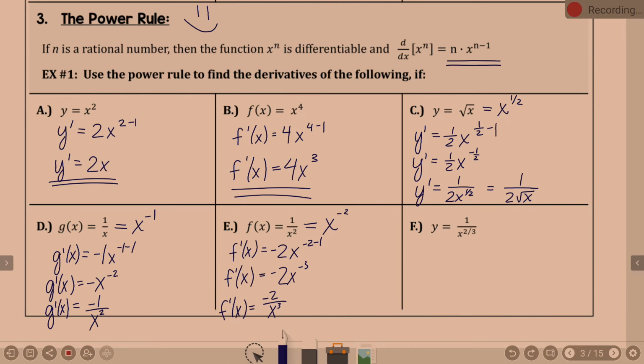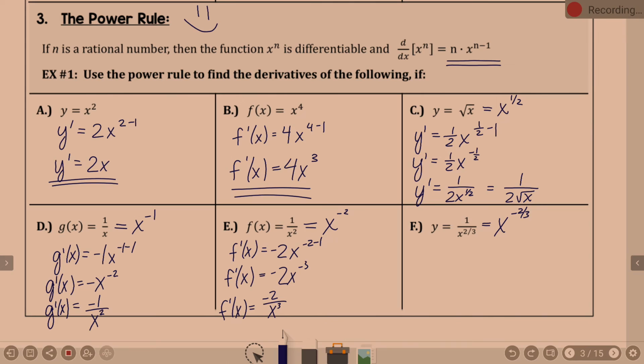And the fun one. What do you know about 1 over x to the 2/3? It's x to the negative 2/3. I want powers. I don't want to talk about roots. I don't have rules to take derivatives of square roots, cube roots, etc. I have rules to take derivatives of powers.